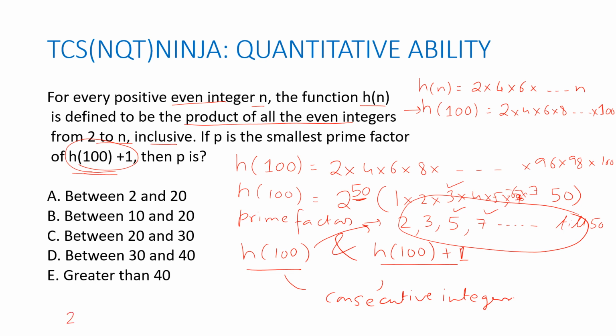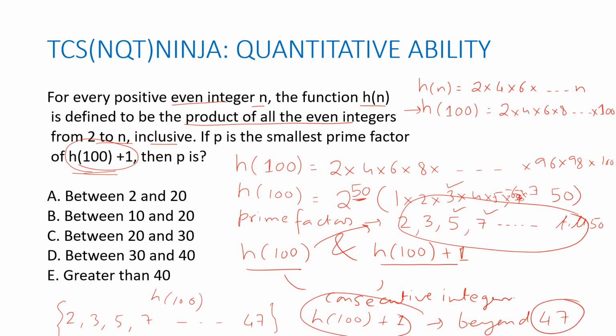So all the prime numbers till 50, like the prime number 47, all the prime numbers from 2 to 47 are prime factors of H100, so they cannot be prime factors of H100 plus 1. Whatever the prime factors of H100 plus 1 are going to be, we cannot pinpoint exactly what they are, but they need to be beyond 47.